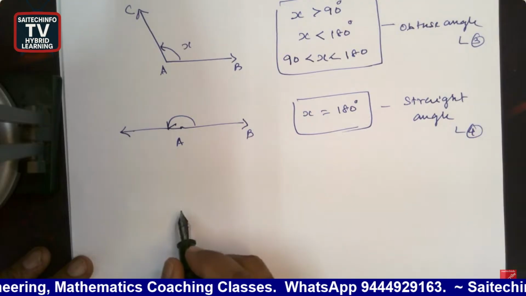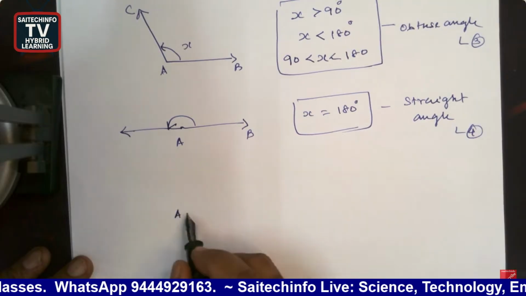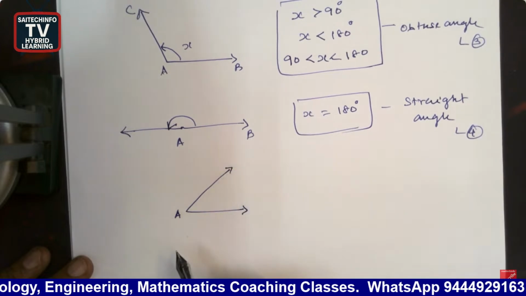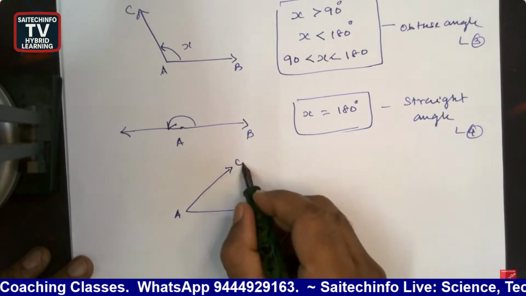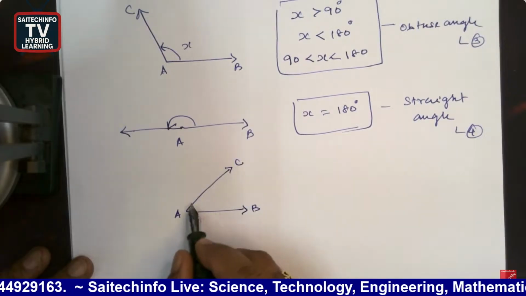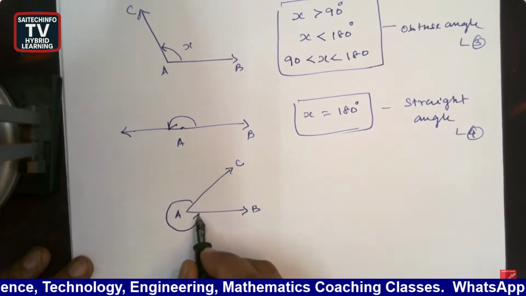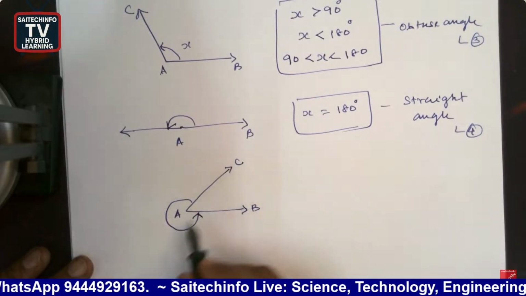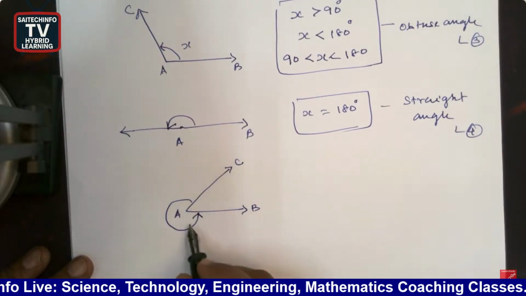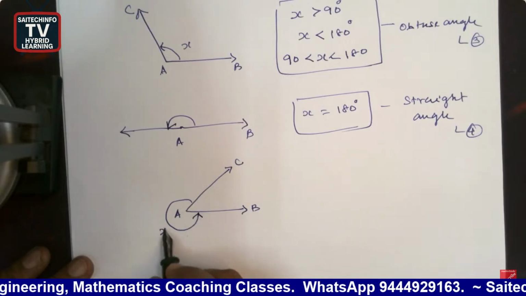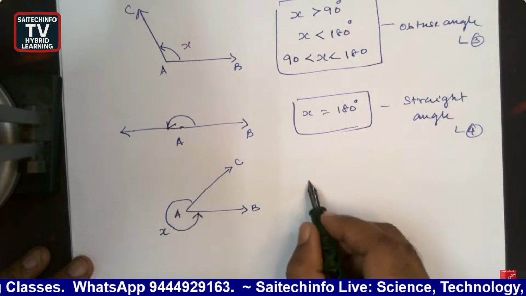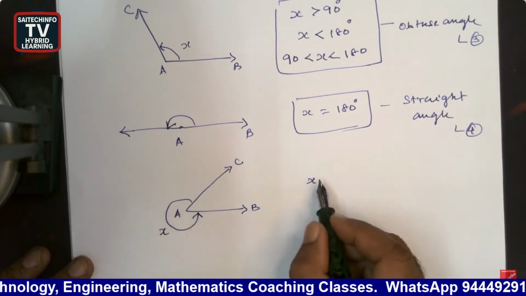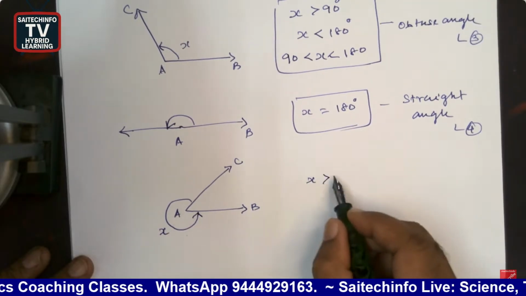Now let us consider A, the endpoint. We have the two arms like this. Let it be B and C. Instead of considering this angle, let me consider this angle. You should always go through this angle by anti-clockwise rotation. So this is called a reflex angle. Let me call it X. This is the reflex angle. So in that case, X is greater than 180 and less than 360.